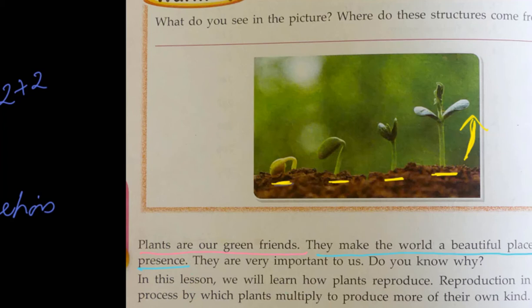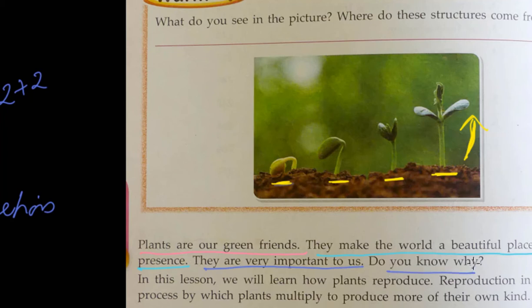Suppose you were not having plants in this universe, how would the planet look? It would be completely brown with all this dust, particles and pollution, right? So they make our world a beautiful place. They are very important to us.